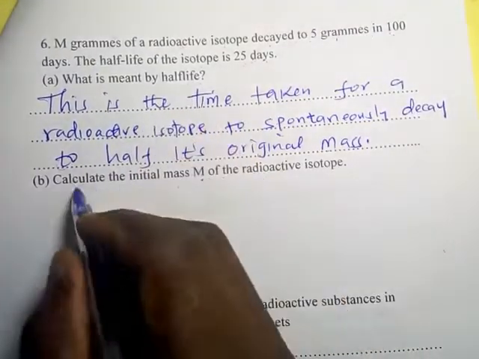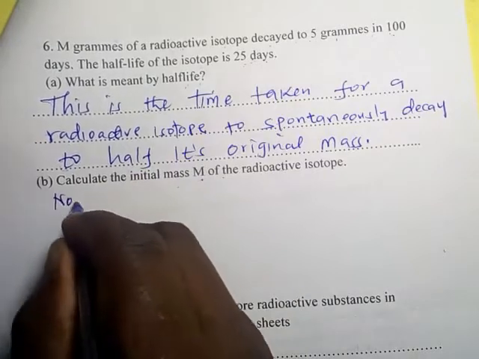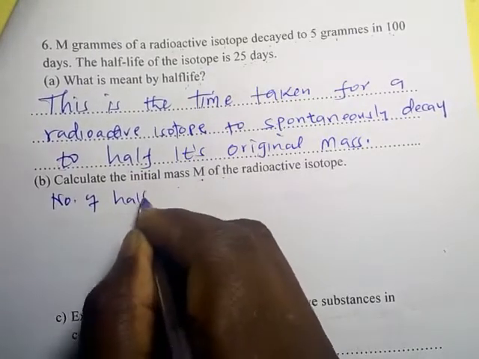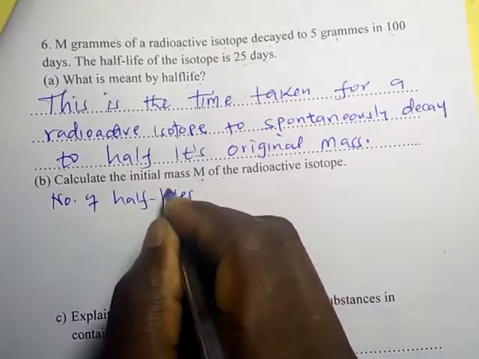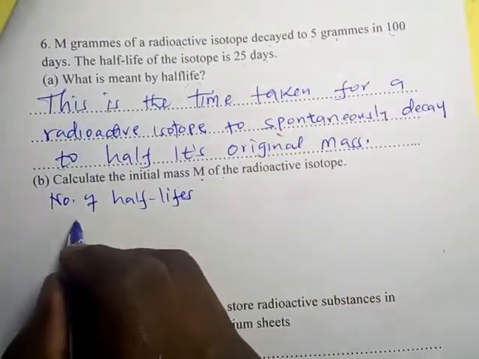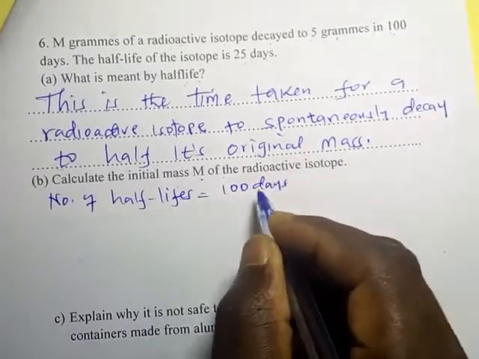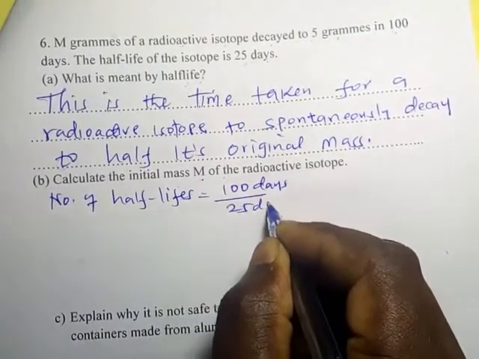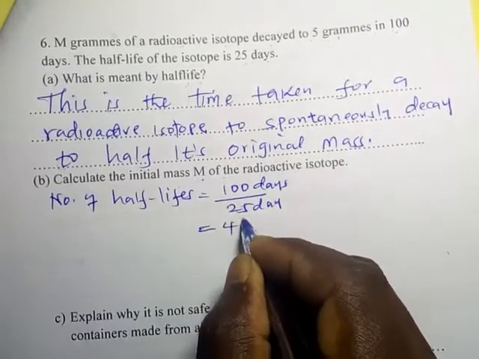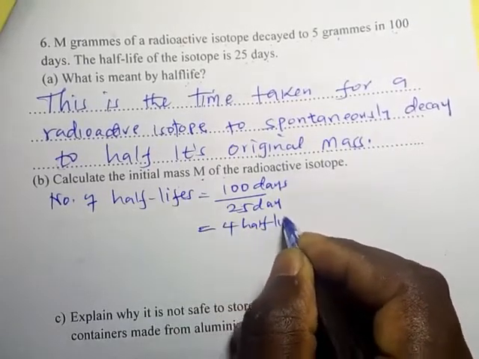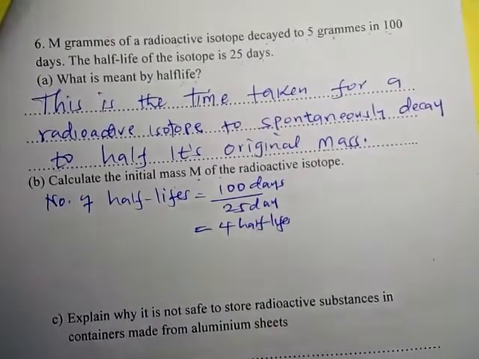So we first get the number of half-lives. The total time taken is 100 days. 1 half-life takes 25 days. So this gives us 4 half-lives.